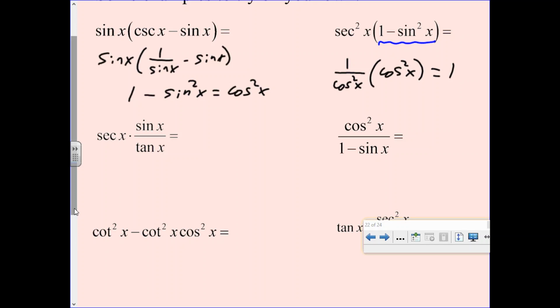So the next one here, secant x times sine x over tangent x. You have to deal with some fractions on this one. If we write secant as 1 over cosine x, that's fine. And then sine x, and we can write tangent using the quotient identity as sine over cosine.